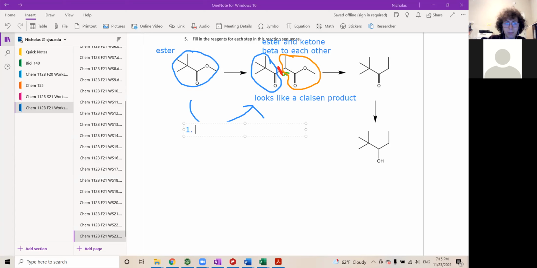So the first step in this is adding 1 equivalent of base along with the other ester, and then in the second step we add acid. So I'll just draw the ester in.